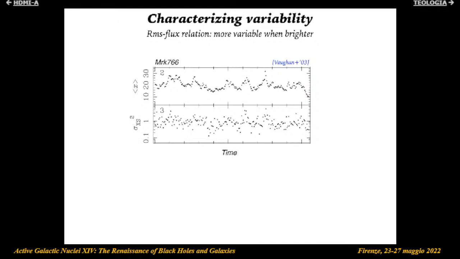So here on the lower part of the plot, we see basically the variance, or called in a more fancy way the excess variance or the RMS, measured over a given, small time interval.